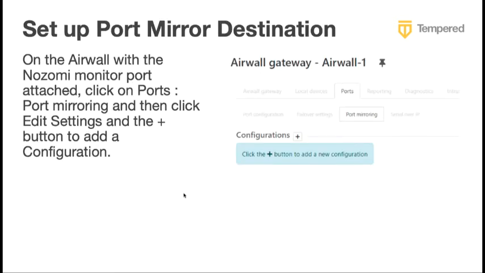Now that we have both the Airwall and the Guardian set up and talking to each other, let's actually configure the port mirroring component so that we can get the packets mirrored from the source to the destination. So on the destination side, which is the port that the Nozomi Guardian is connected to, we're going to click on Ports and then Port Mirroring, and then we're going to go ahead and add a mirror destination configuration. So we'll click the plus arrow here.